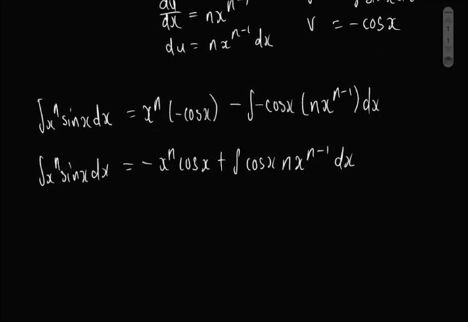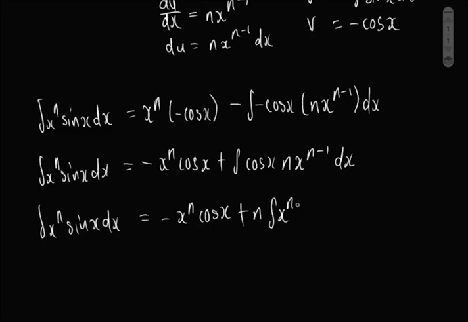And of course, we take out the constant n, so we write integral of x to the n sine x dx is equal to negative x to the n cos x. Then, of course, the n comes out, so it'll be plus n, the integral of, we can write the x term first, like here, x to the n minus 1 cos x dx.